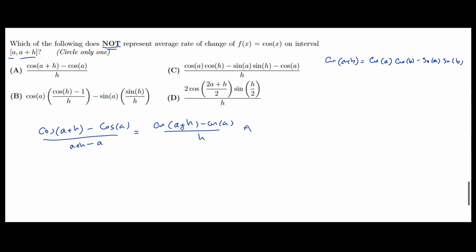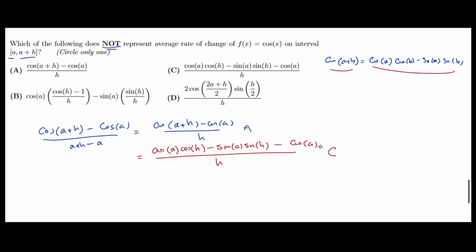Here, instead of b, I have an h. And so when I'm replacing this, I get cosine of a cosine of h minus sine of a sine of h minus cosine of a over h. And this turns out to be c, and so c is not an answer either.